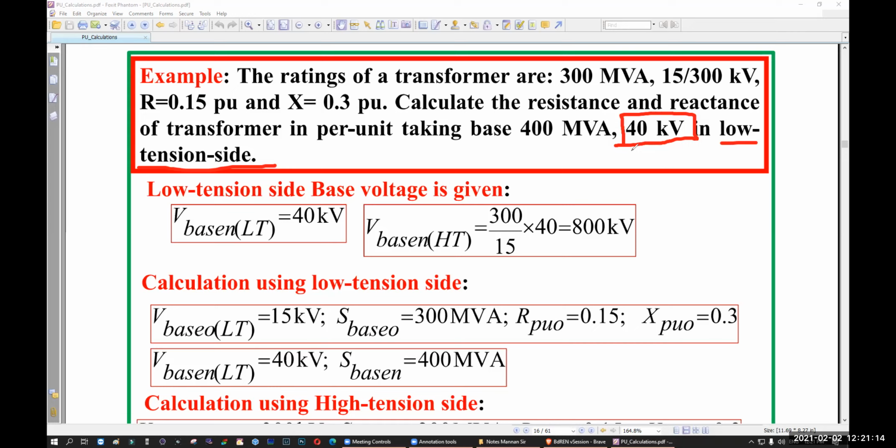High voltage, sir. No, low voltage. They said low tension side. That means this one. So 15 will be converted to 40, right? Yes, sir. Low tension side voltage is given. Your V base new is equal to 40. V base new high tension.